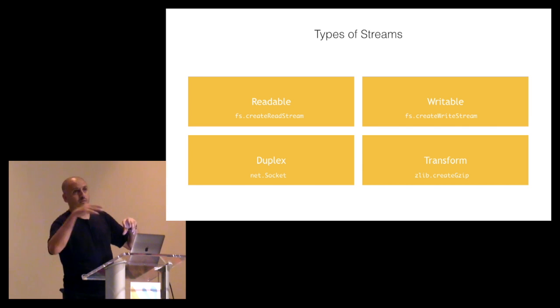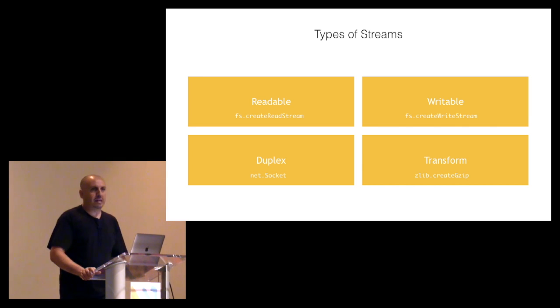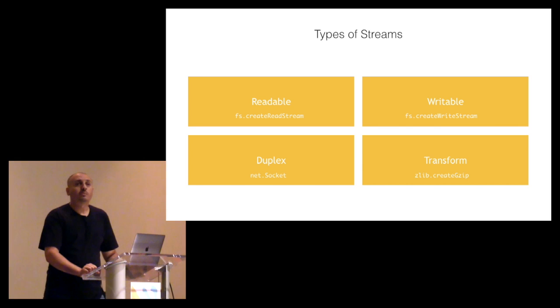You get more chunks, do that, write it, and you can actually zip this 10 gigabyte file using maybe 40 megabytes of Node's memory, using streams. That's how cool streams are. There's one thing that I want you to remember. All streams are event emitters. So you can register handlers on those streams and work with those. Again, event emitters, super important.